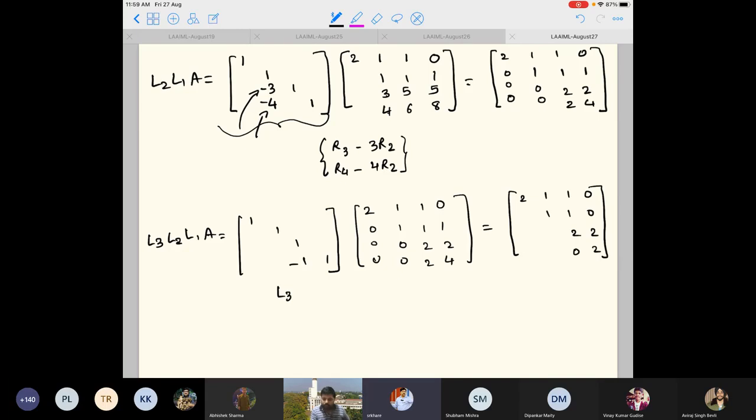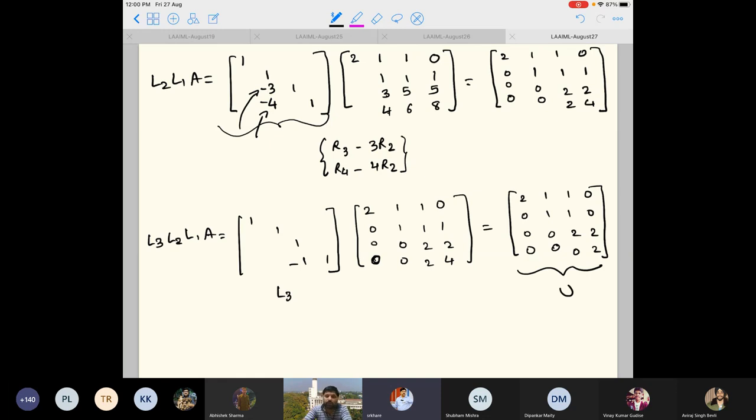Is that what we will get? So clearly this, by construction, is an upper triangular matrix.